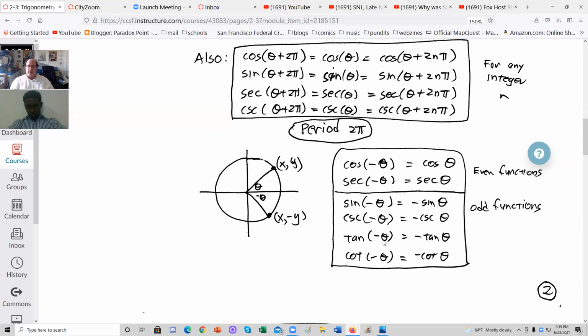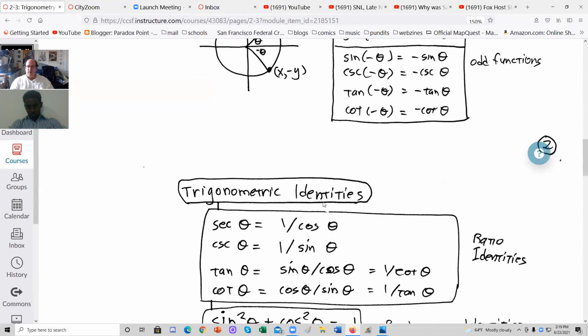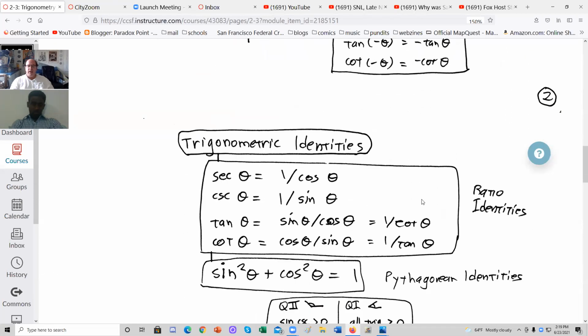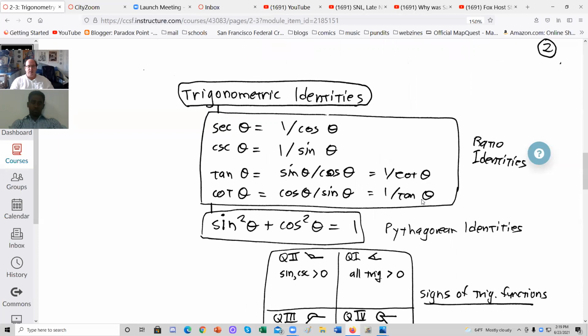So tan of minus theta equals minus tan theta, cotangent of minus theta is minus cotangent theta. So sine, cosecant, tangent, and cotangent are what are called odd functions. They transmit a negative, whereas cosine and secant are even functions. Now there are various trigonometric identities, which we'll be using. Secant is 1 over cosine, cosecant is 1 over sine. We've seen that before.